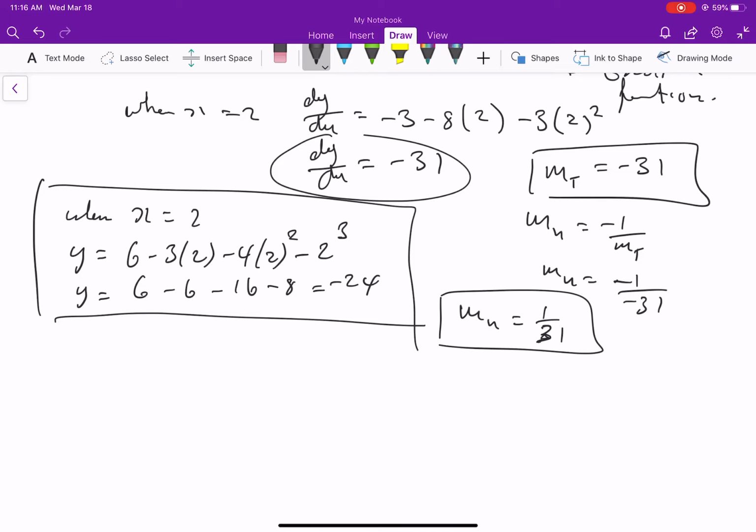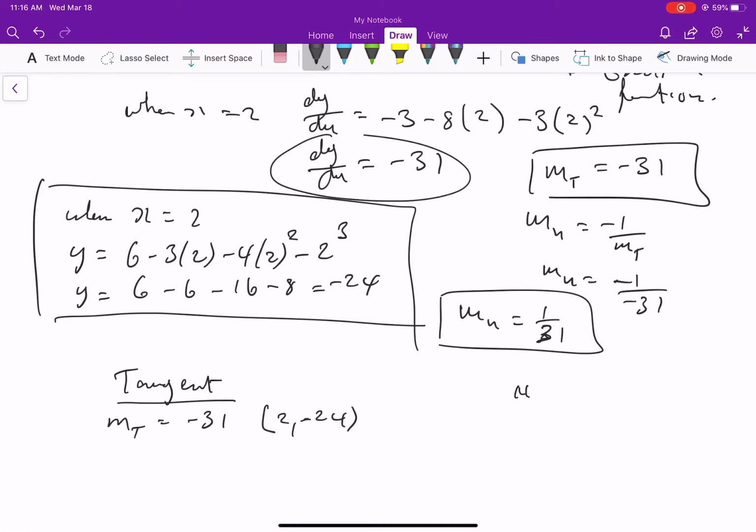Okay, so if we were to summarize what I have for the tangent, I have the gradient of the tangent being minus 31, and the coordinates of the point being 2, minus 24.